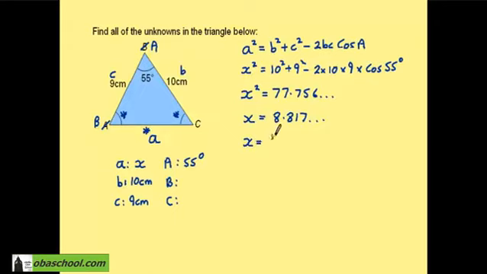So x is 8.82 centimeters, correct to 3 significant figures. Since I'm going to use this value again in a calculation, I'm just going to store 8.818, which is the value on the calculator correct to 4 significant figures.